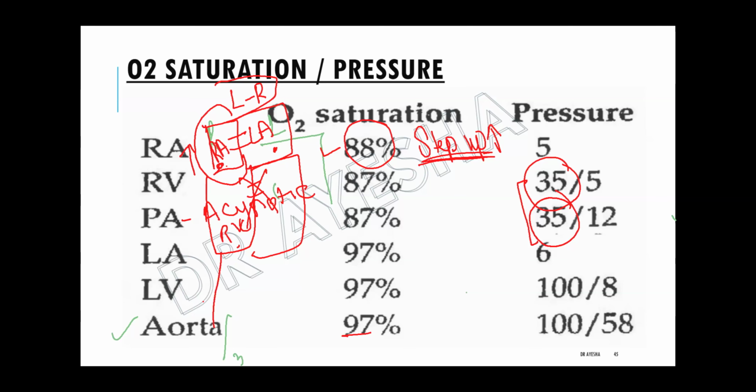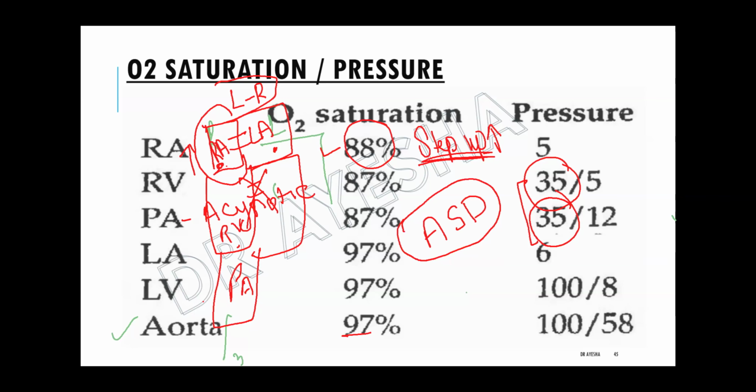The blood goes into the pulmonary artery with the same amount and the same saturation, so there is no shunting. So what I'm suspecting is a shunt at the level of the atria, probably an atrial septal defect, ASD.